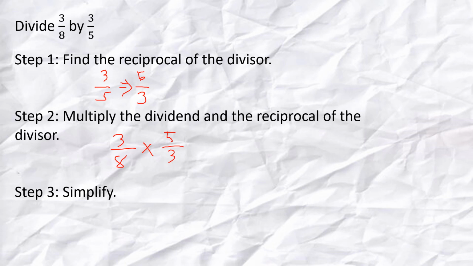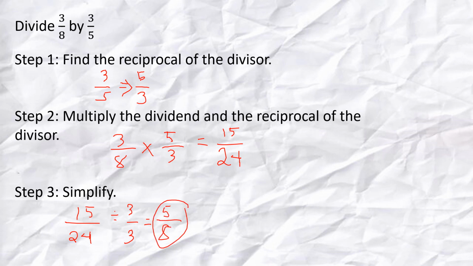So 3 times 5 is 15. 8 times 3 is 24. We need to simplify it by getting the greatest common factor. The GCF of 15 and 24 is 3. So 15 divided by 3 is 5. 24 divided by 3 is 8. So therefore, our final answer is 5/8.